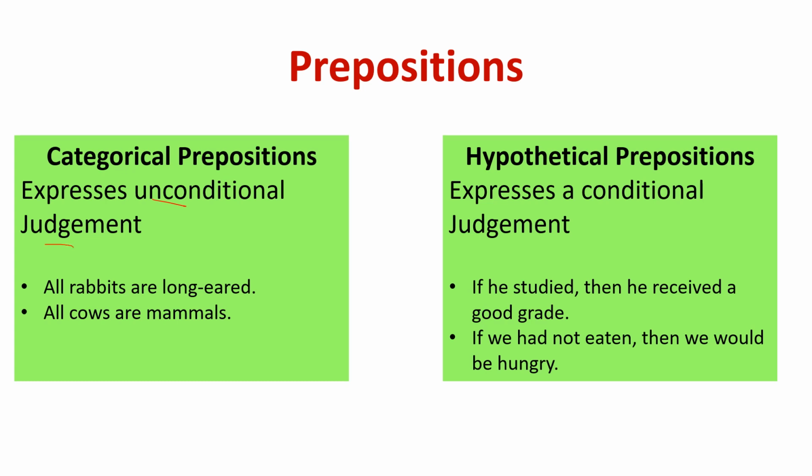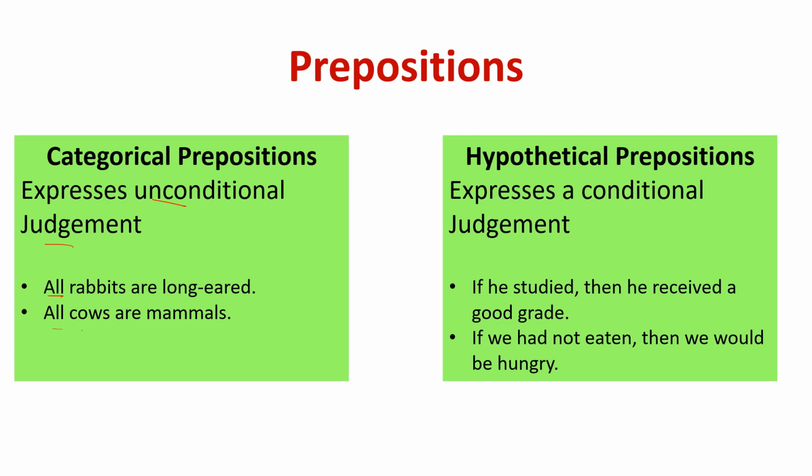Like if we are saying all rabbits have long ears, there is no condition in this particular proposition. We are saying that all rabbits have long ears, not one rabbit or two rabbits. We are talking about all the rabbits. Also, we are saying all cows are mammals. So here there is no condition. Directly we are saying that all cows are mammals.